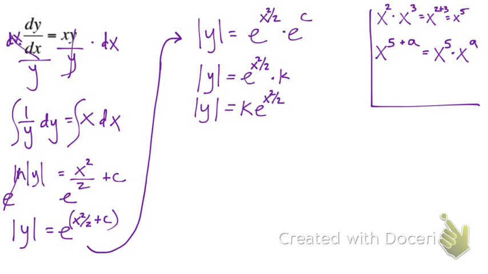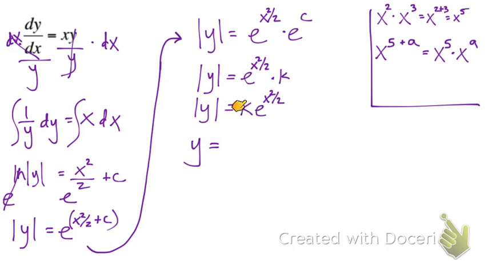But in this case, because we don't have an initial condition, we'll just say that if we want to isolate y, remember that an absolute value function takes positive numbers and keeps them positive, and then it takes negative numbers and makes them positive. So depending on what k is, this could be a positive number already, and the absolute value would have no effect on the equation.